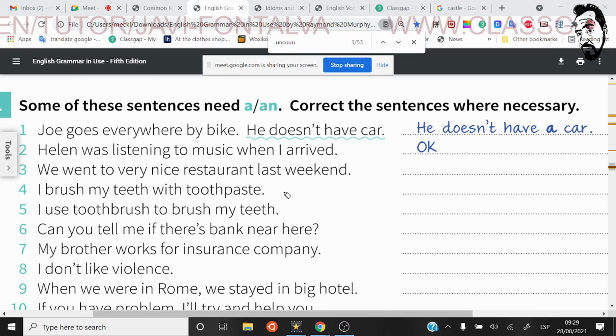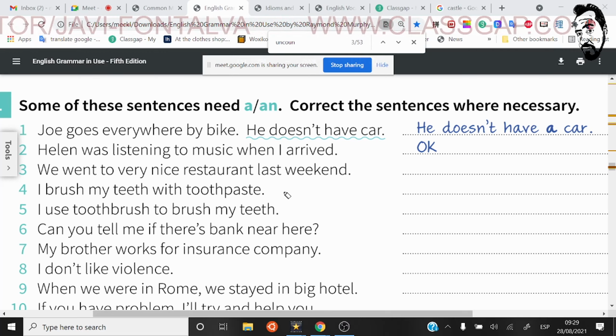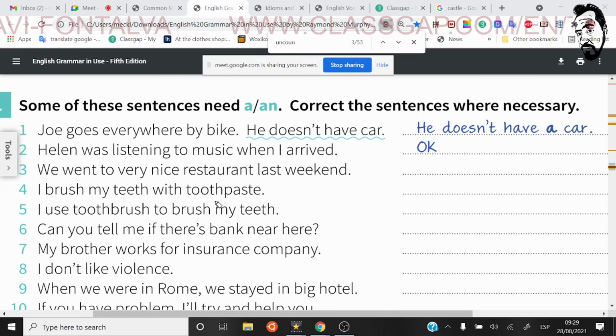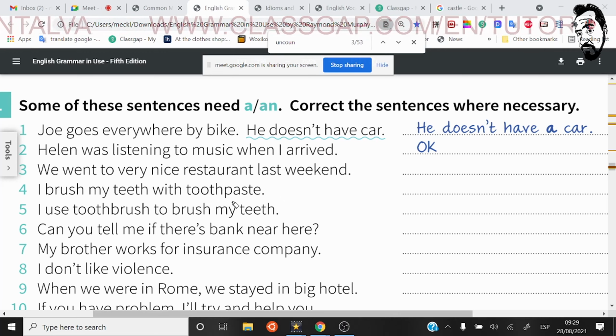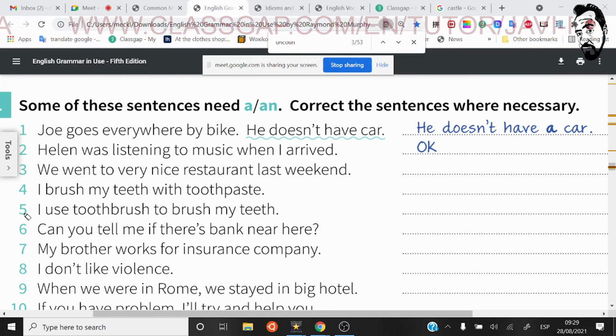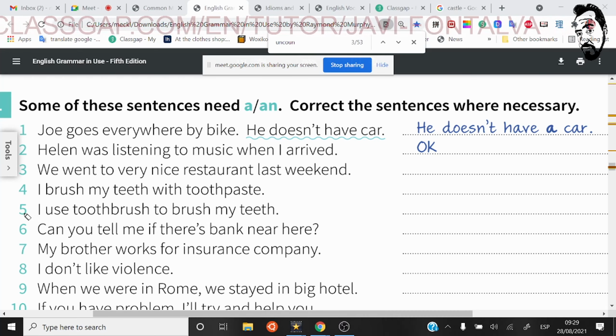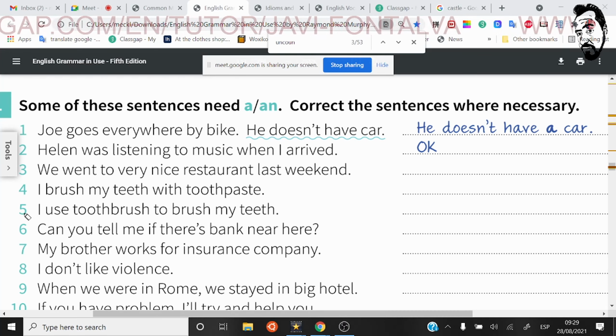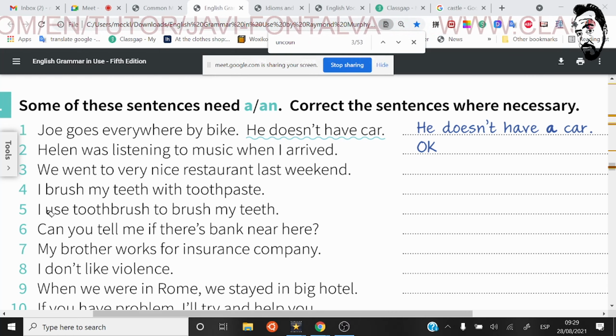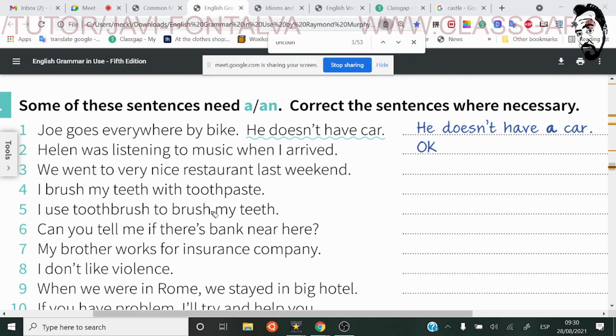You just say toothpaste or some toothpaste. Do you understand toothpaste? Sí, pasta dental. I use a toothbrush to brush my teeth. Exactly.